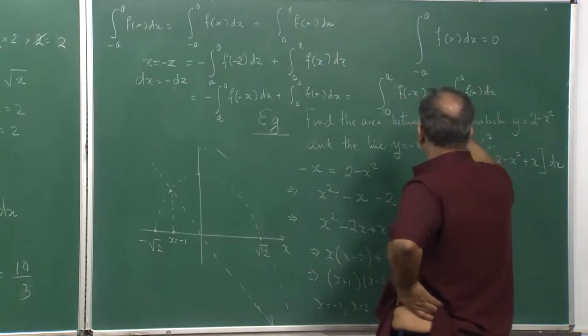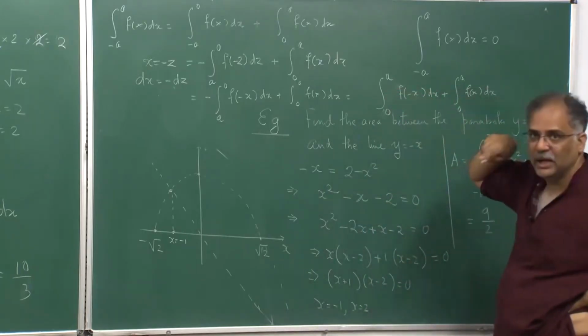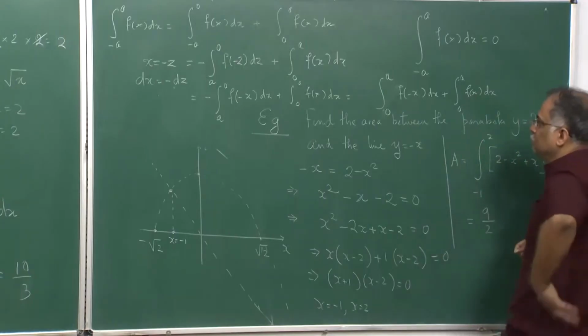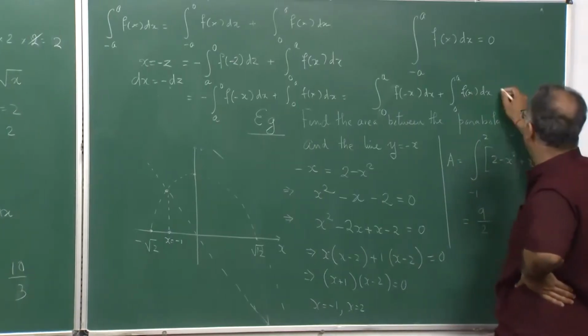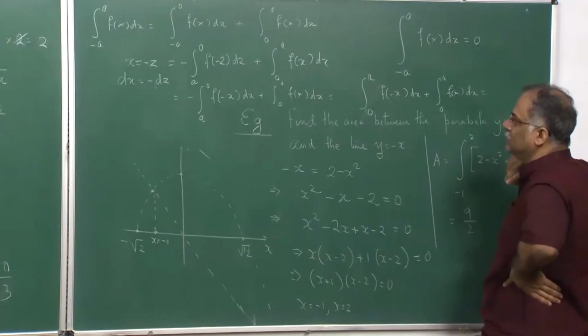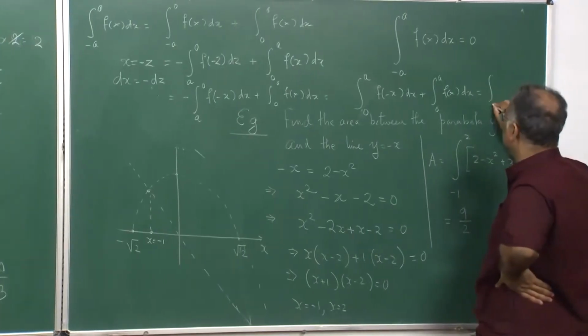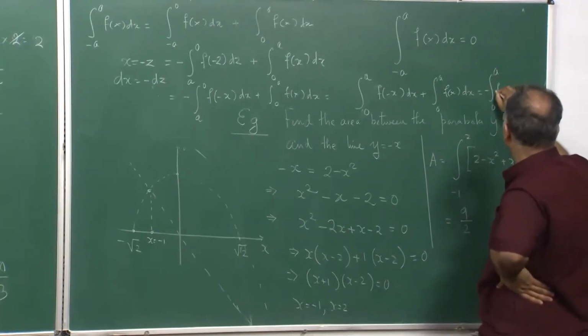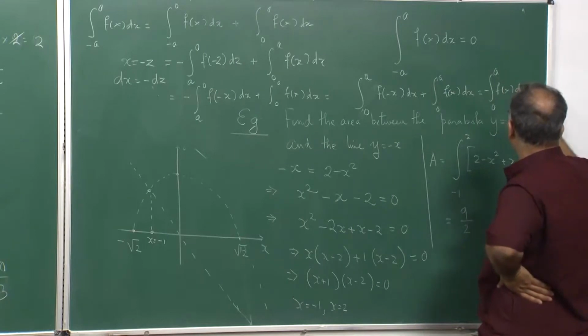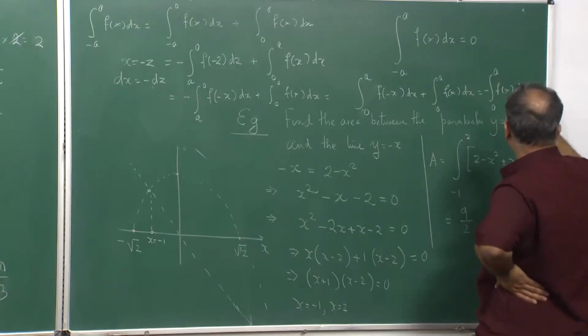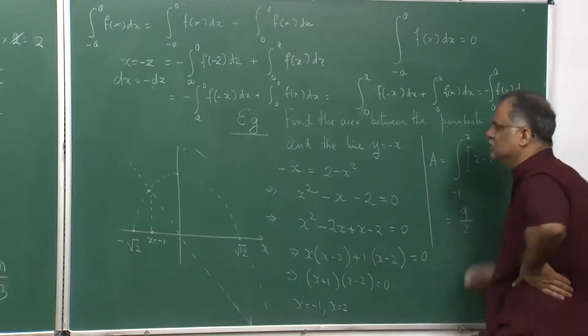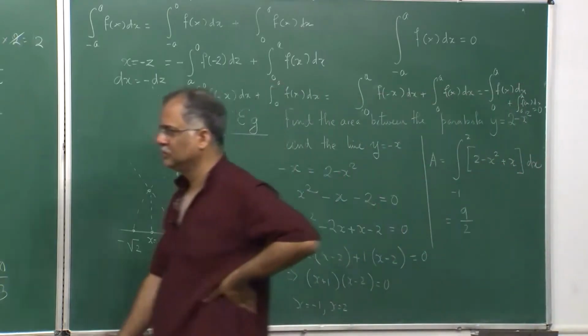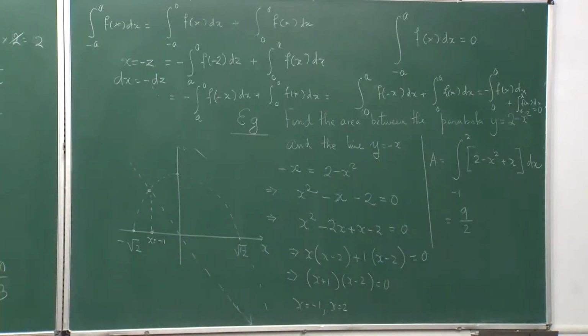But you see, f of minus x, the function being odd, is minus f(x). So, this is nothing but the integral from 0 to a of minus f(x) dx plus the integral from 0 to a of f(x) dx, which is equal to 0. That is it. That solves the problem actually.